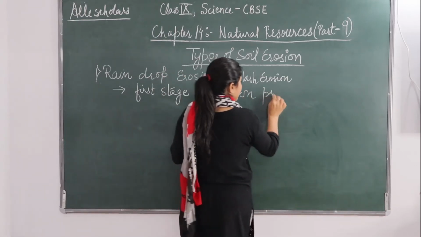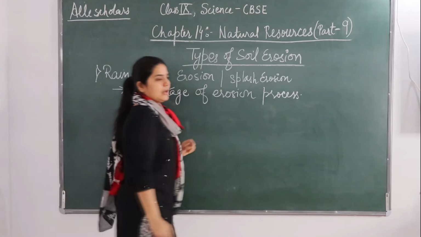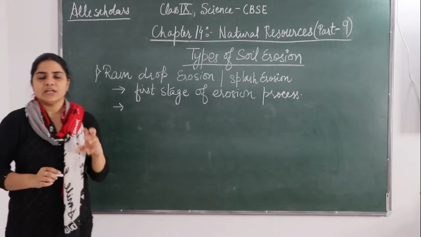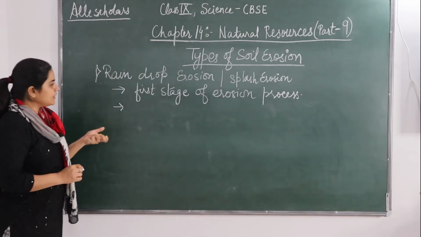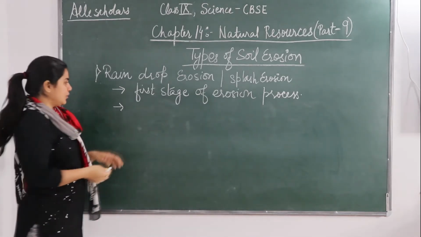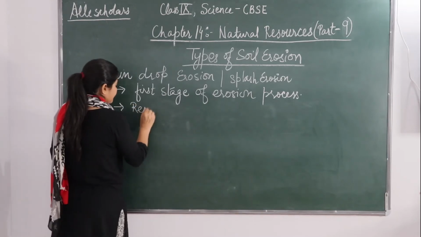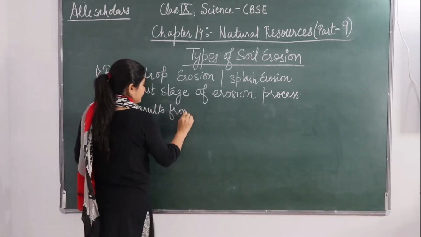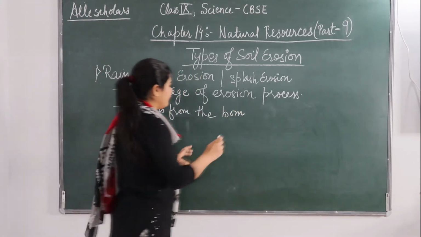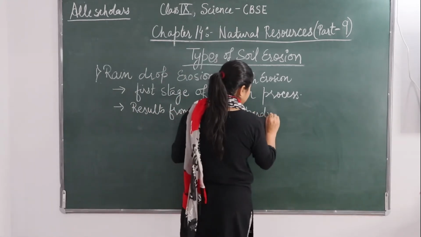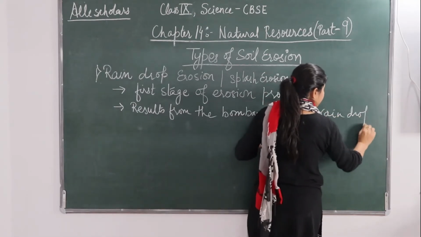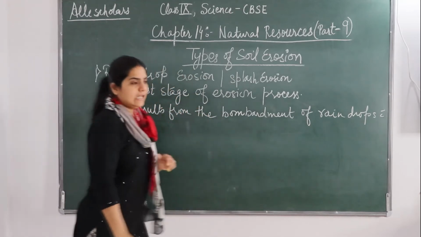Then this raindrop erosion, or splash erosion, results from the bombardment of the soil surface by raindrops. You are understanding the meaning of bombardment? Bombardment of raindrops with the soil surface.